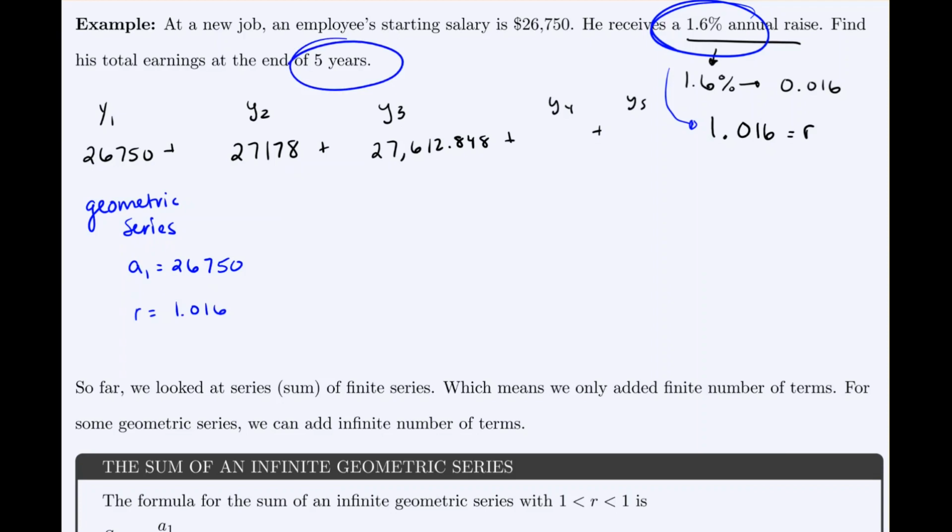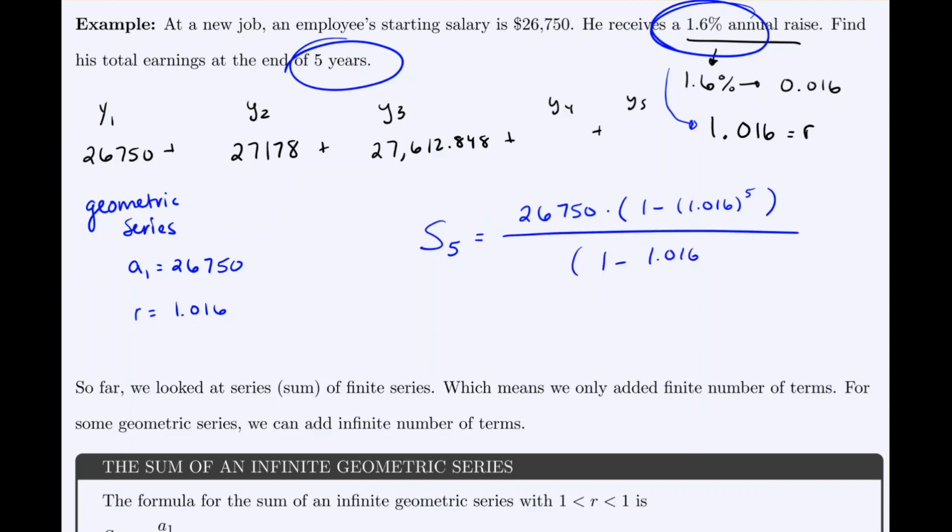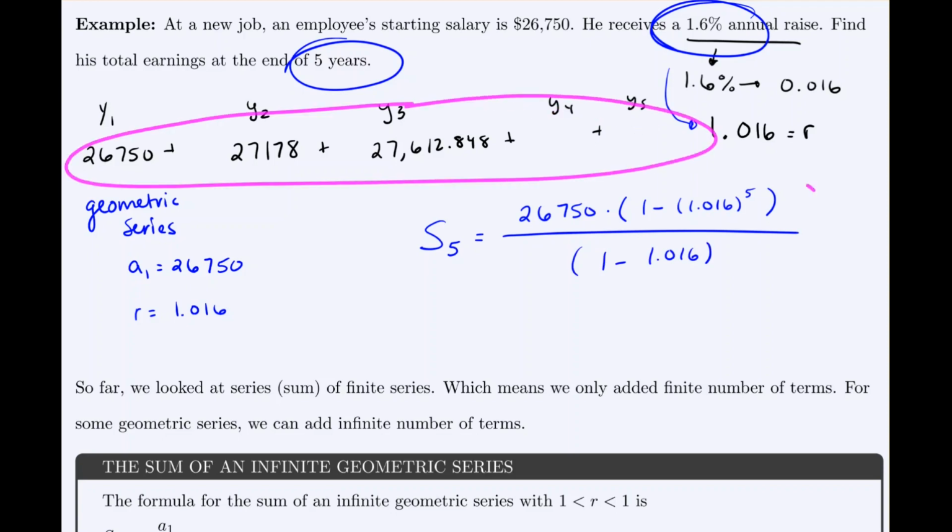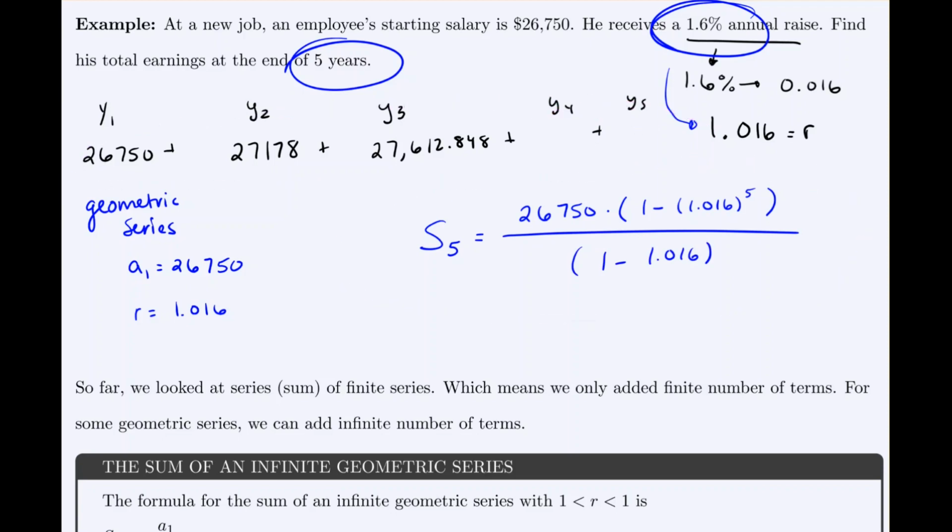And we're looking for the sum of the first 5 years. So the partial sum of a geometric series is always the first term times 1 minus the common ratio raised to how many years we're looking at, in this case 5, all divided by 1 minus the common ratio. So feel free to go through and add it up piece by piece together, or use this formula once we recognize it's a geometric series.